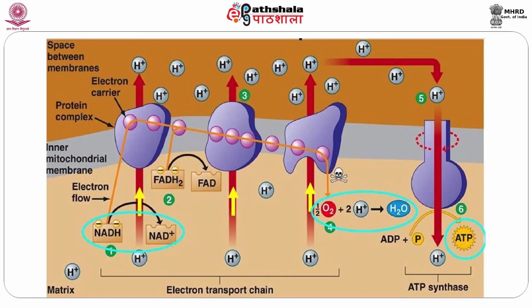Now, each of these complexes are large multi-subunit complexes which are embedded in the inner mitochondrial membrane. The reduction of oxygen by complex 4 involves the transfer of 4 electrons. 4 protons are abstracted from the matrix and 2 protons are released into the intermembrane space.